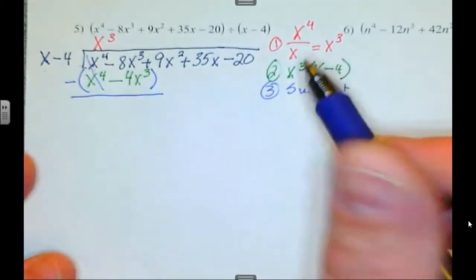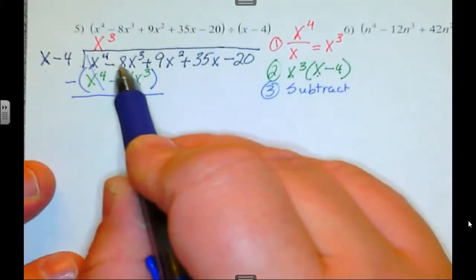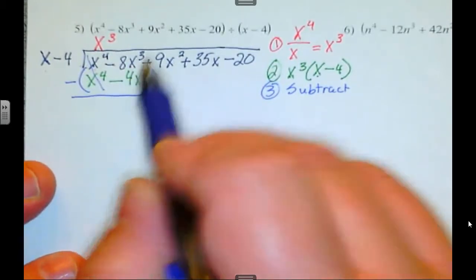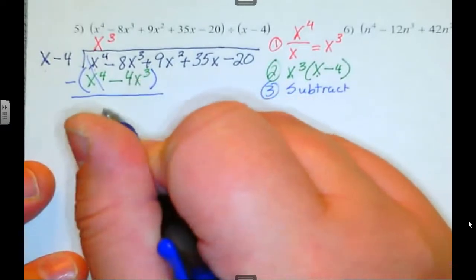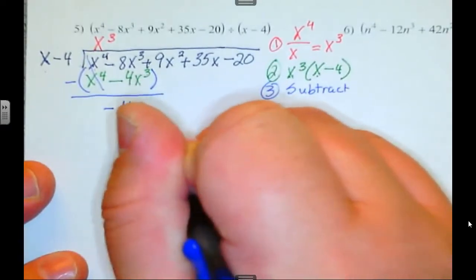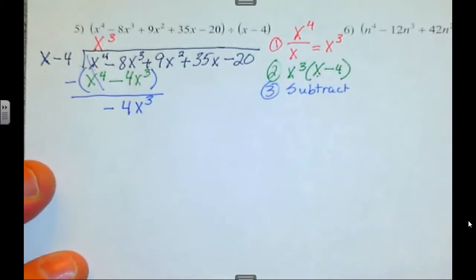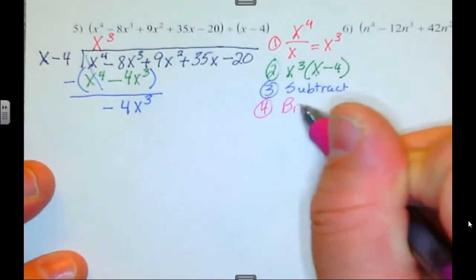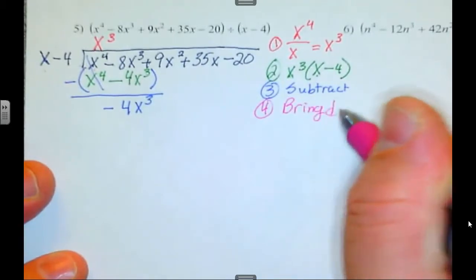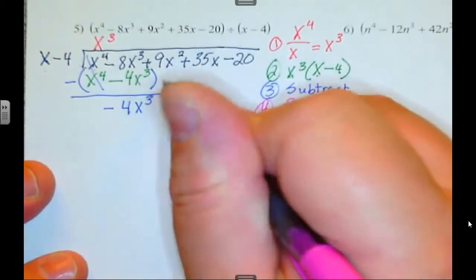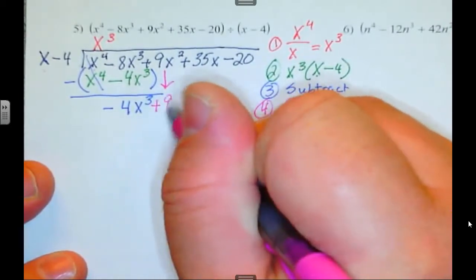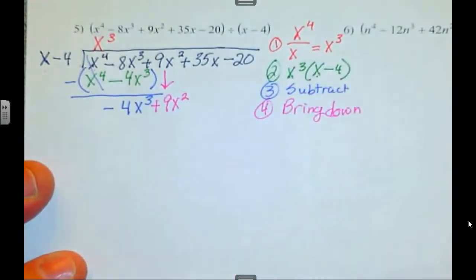These cancel out, which is what I want. Negative 8x cubed minus a minus 4x cubed. I'm adding, so I have a minus 4x cubed. Step 4, bring down plus 9x squared.